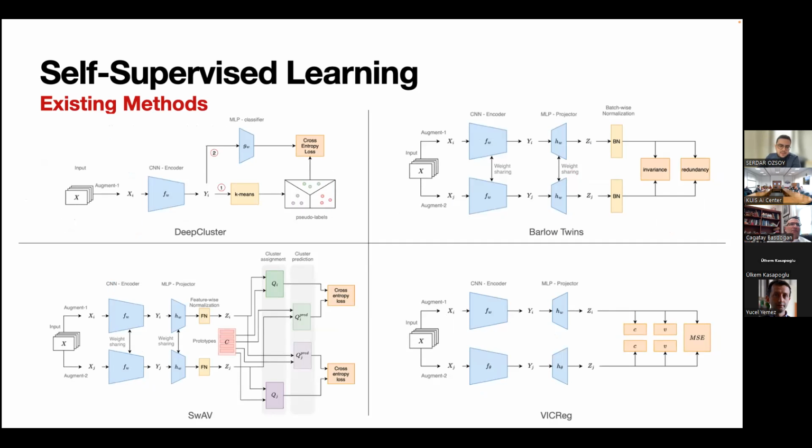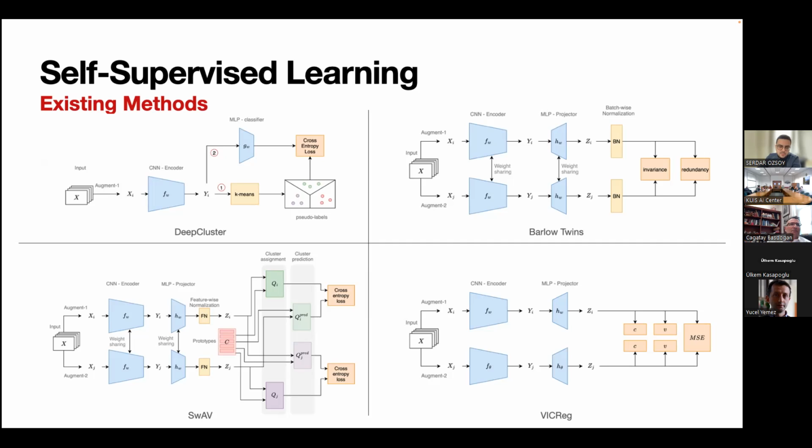We continue with different types of methods on this page. The methods on the left-hand side can be named cluster-based methods. The DeepCluster method iteratively produces latent representations and then uses k-means clustering on these representations to create pseudo-labels, and then learns to classify these pseudo-labels by using these representations.